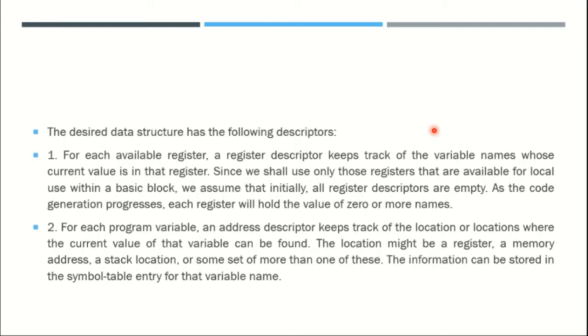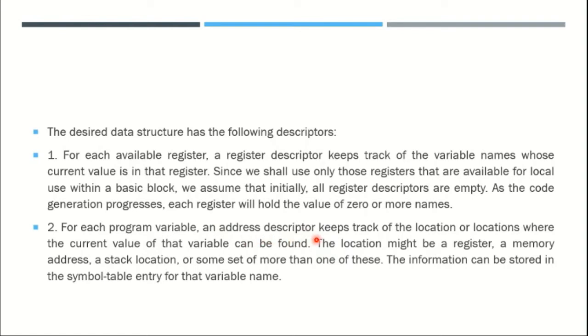The address descriptor keeps track of the location or locations where the current value of that variable can be found, that is, in which register location.